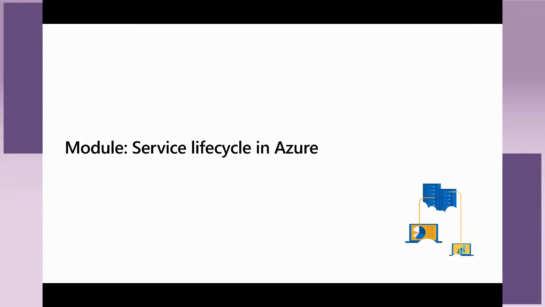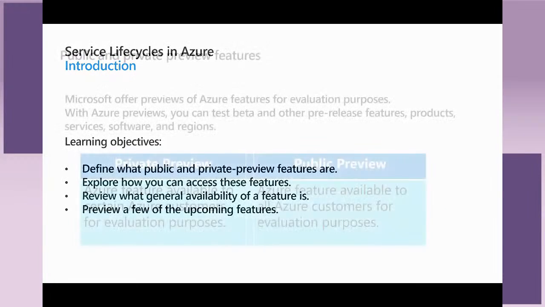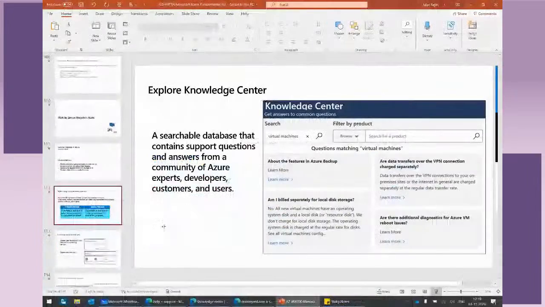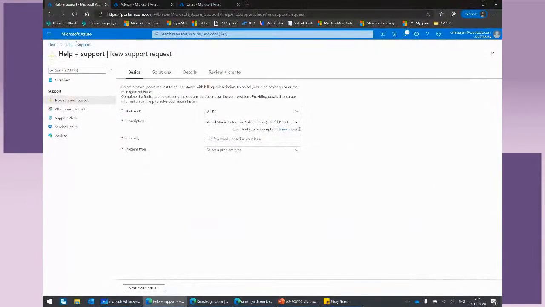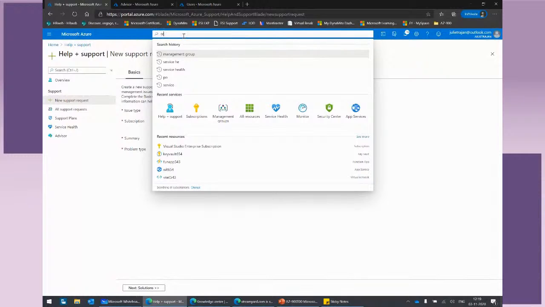Fine. Now we'll look at a little bit about the service lifecycle on Azure. See, we see different features on Azure, right? So let me go here and let me go to the marketplace.